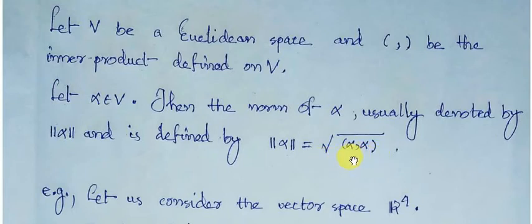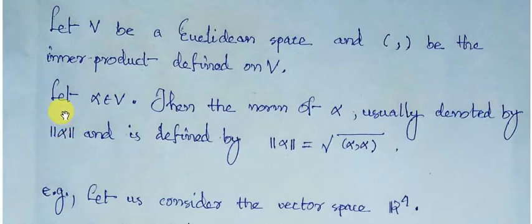The functional value alpha comma alpha under this inner product function is a real number, and we are considering the positive square root of this very real number, and we are denoting it as the norm of the vector alpha, and the norm of alpha notationally is written by this notation, norm of alpha. Clear?